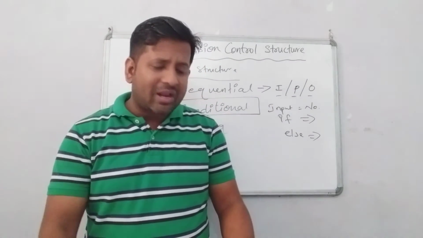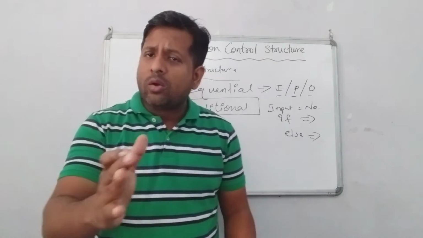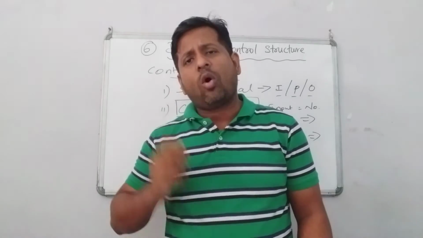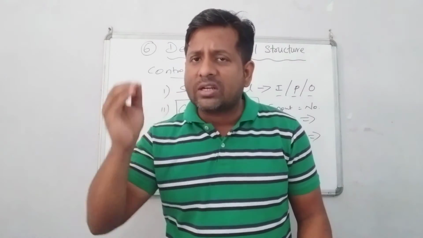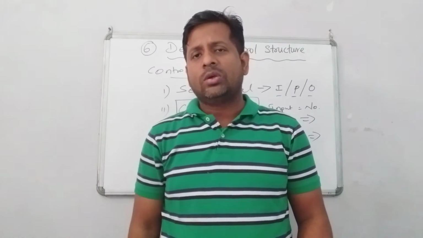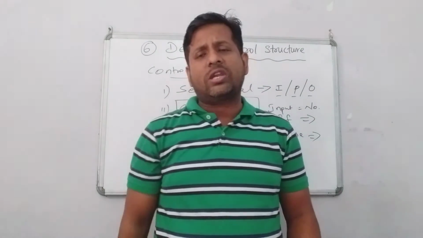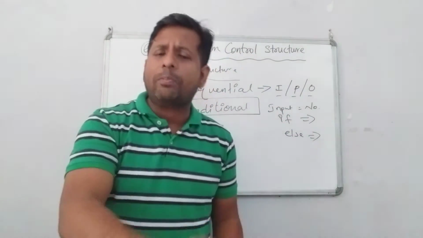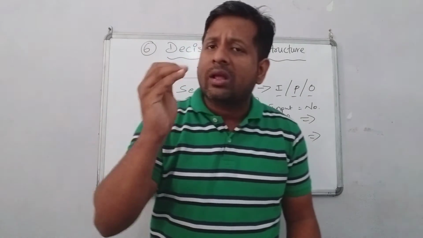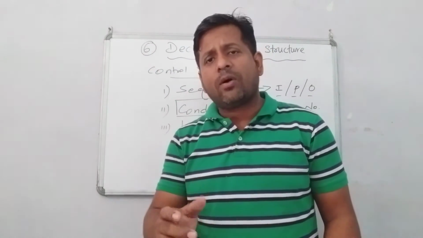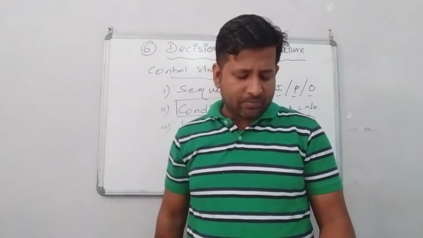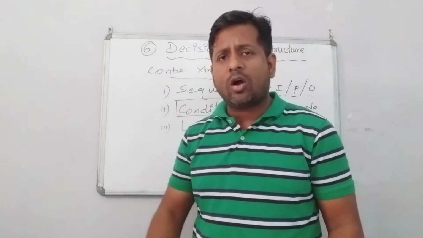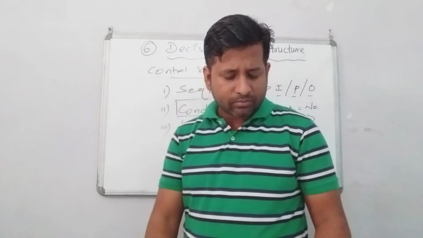So the categories are like the if statement, where we don't go for false, only the true. If the condition matches, then that will execute. If the condition doesn't match, then it will not execute. That means only on the true, condition-based statements, the program will execute. Such instruction falls inside the if category. So the if statement is the first example of conditional structures.